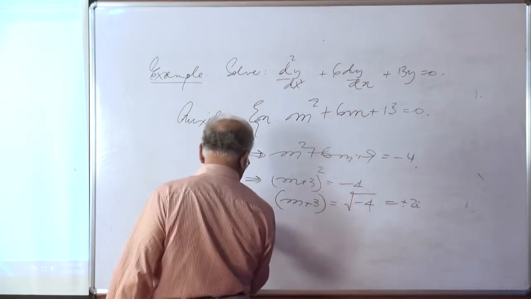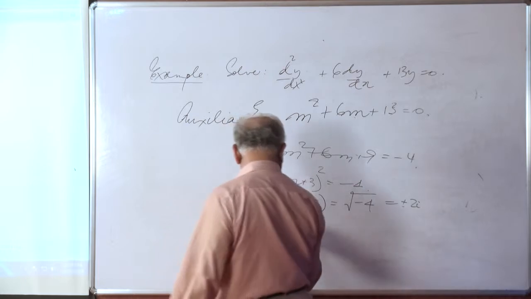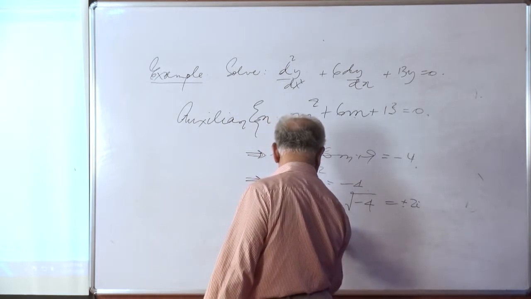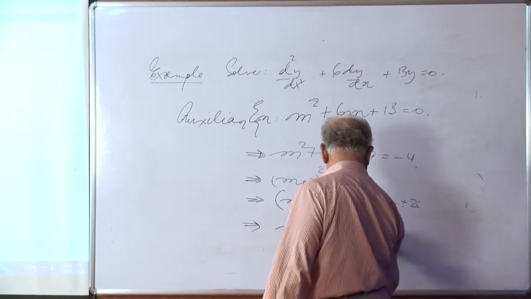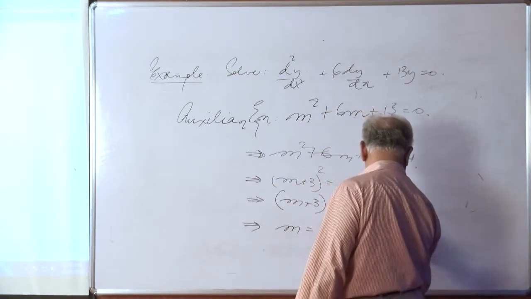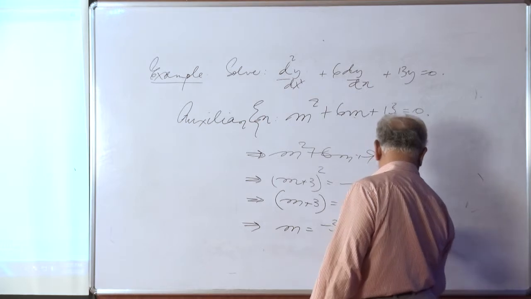So the values of m are minus 3 plus 2i and minus 3 minus 2i.